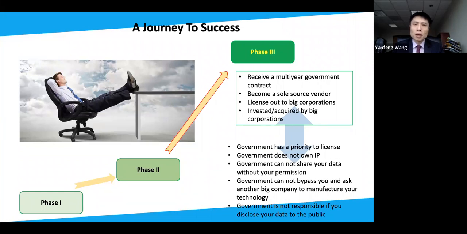Before we go to the next slide, I want to point out data protection right and IP are not the same thing. IP is a process where you disclose your knowledge to the public. Data protection is under the government agreement with you, where you keep things secret.